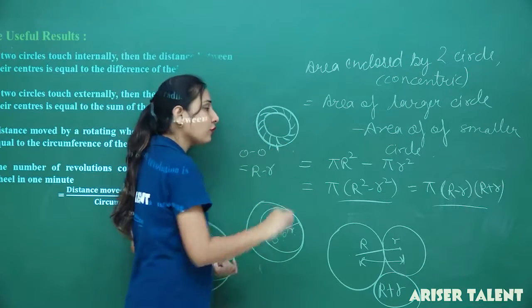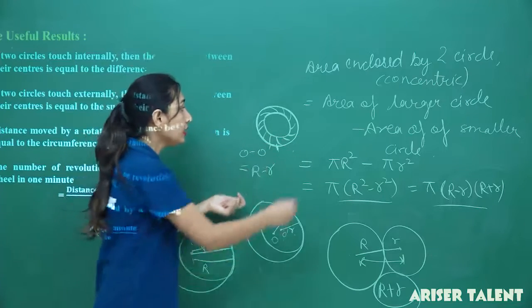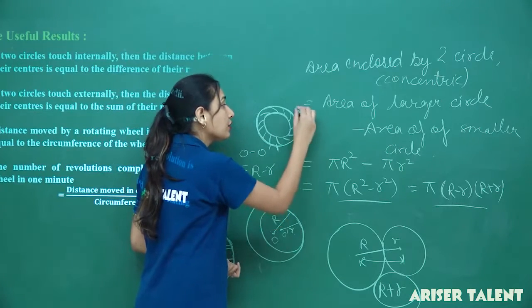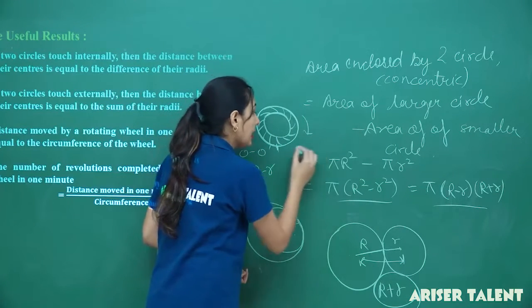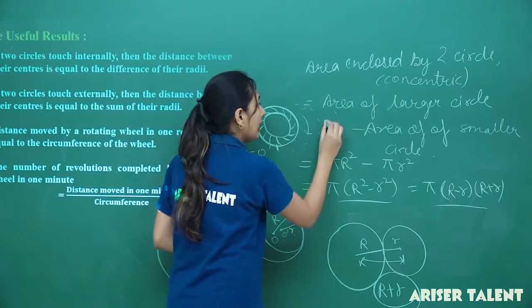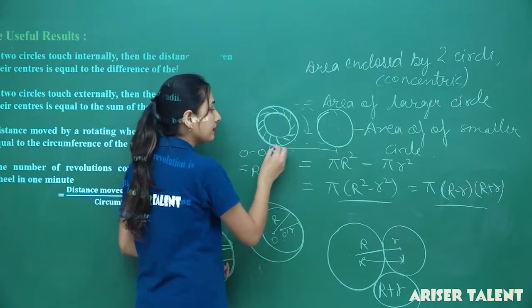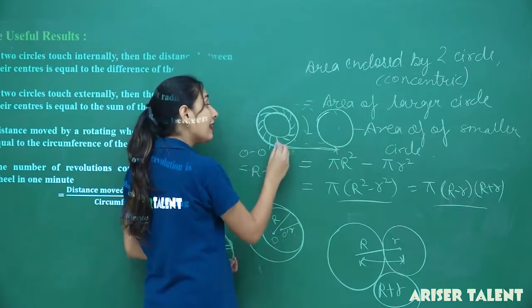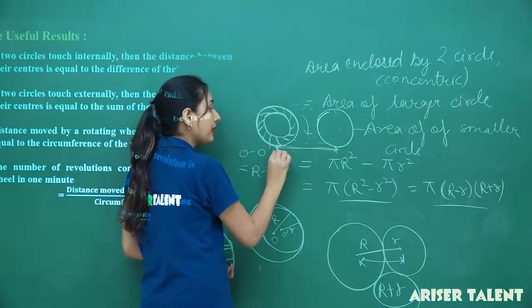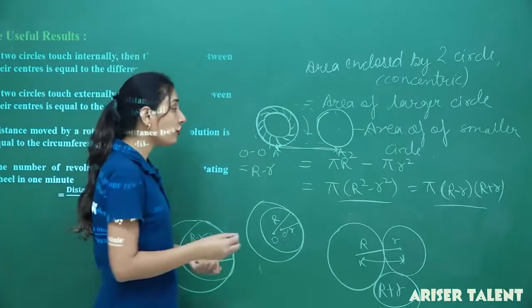If I start from this point and you move your bike forward, then this will rotate like this and change its position and cover some distance, and when this point A is again here, the same point is again here, what will be the distance?